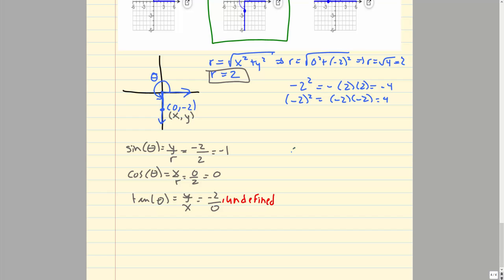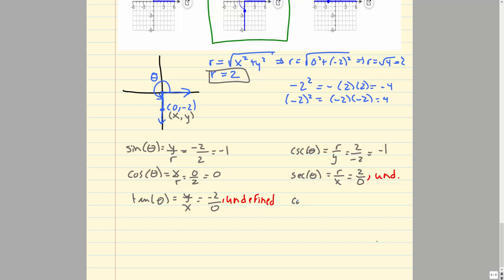The reciprocal of sine is cosecant. Okay, and this is r over y, which is 2 over -2, which is -1. Secant of theta is r over x, which is 2 over 0. And again, anything divided by 0 is undefined. So these trig functions are not defined for this coordinate.